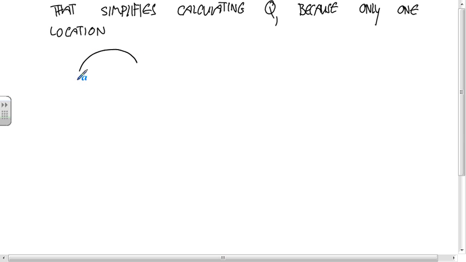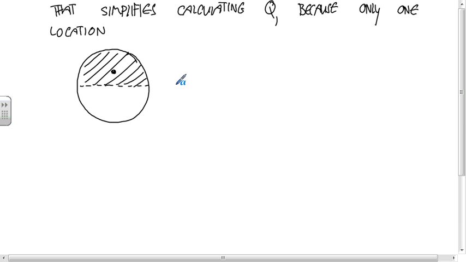Okay, so if this is your cross section, this is the neutral axis, and we're going to calculate the shear stress at the neutral axis, then what's the area that we're going to use to calculate Q? No, yeah, the top or the bottom. So that area, and then the centroid is this. Okay, so this is y sub c.